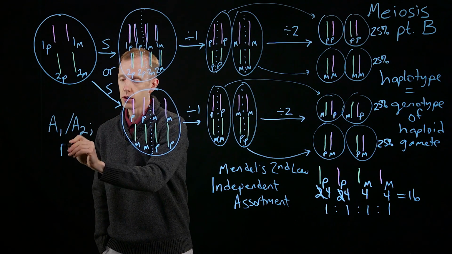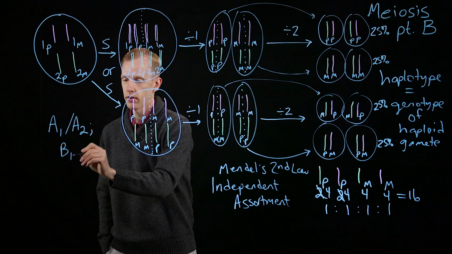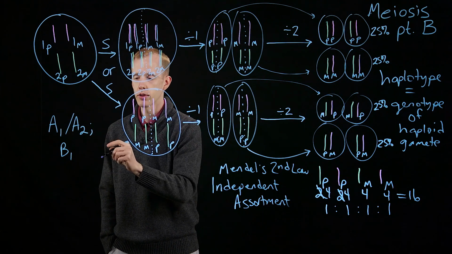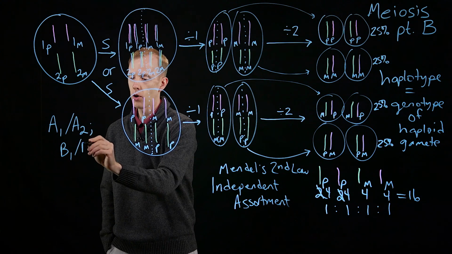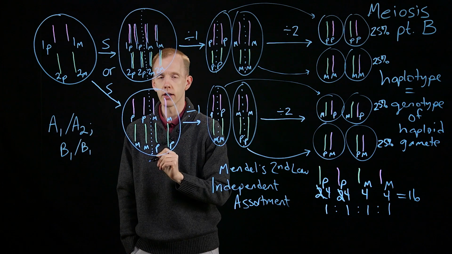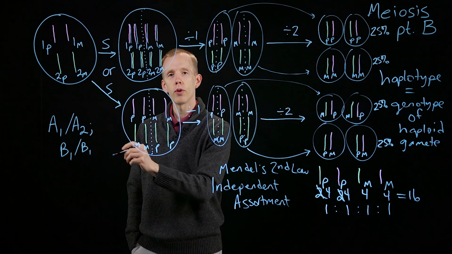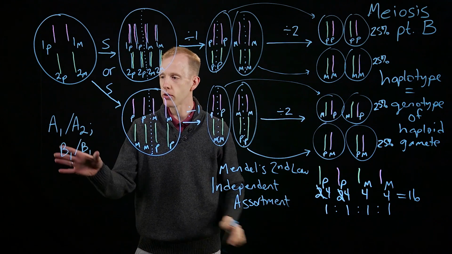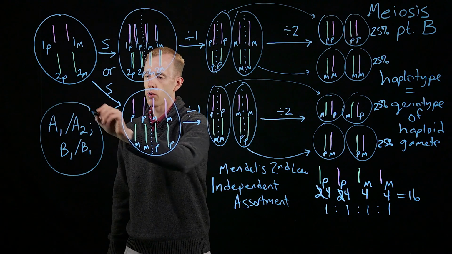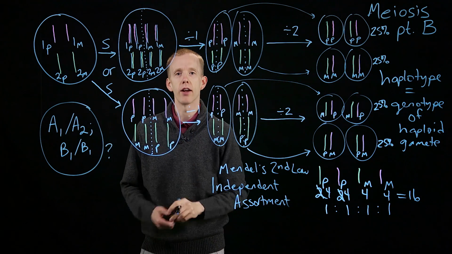And this individual also has a B gene on a separate chromosome, and they're homozygous for those alleles. So again, what would the meiotic products be after meiosis of a cell with that genotype? And we'll discuss that in our next class.